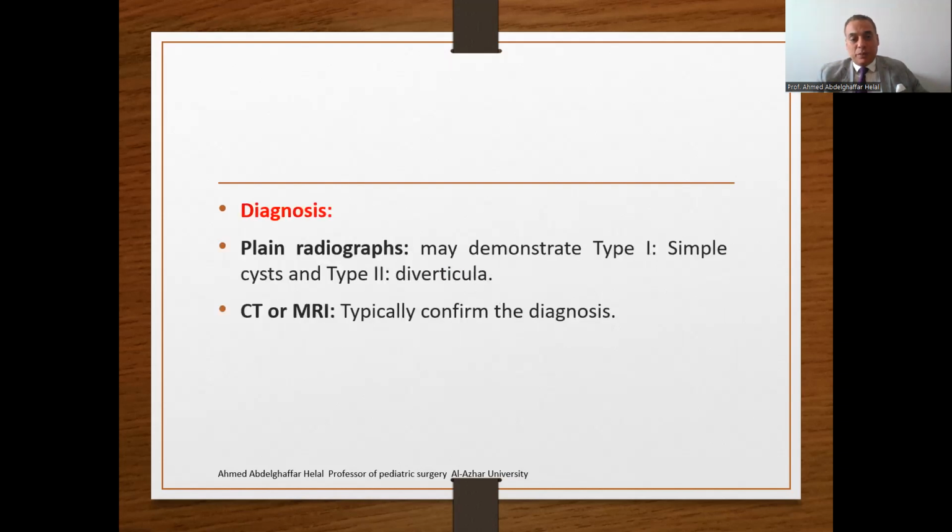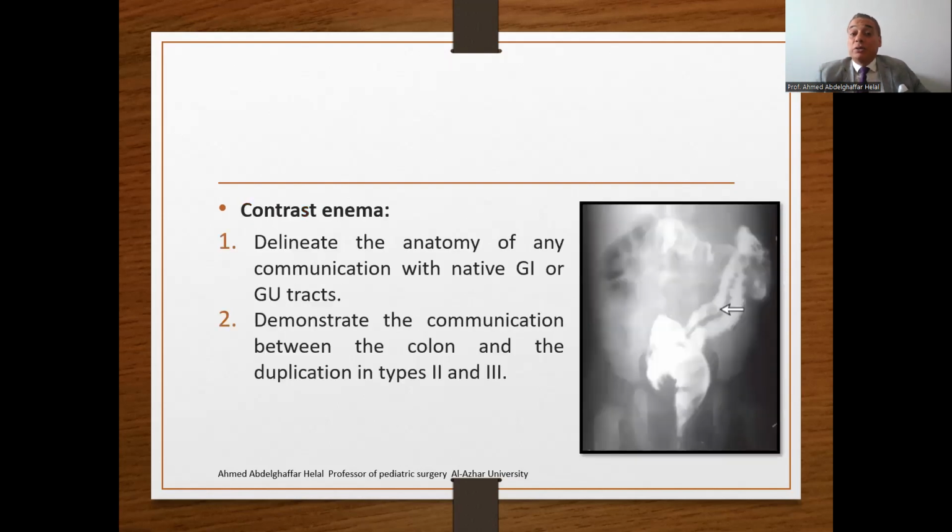genitourinary system. For diagnosis, plain X-ray may demonstrate the cystic or diverticular type. CT typically confirms the diagnosis. The contrast study is very important: it will define the anatomy of the communications, including with the genitourinary tract.